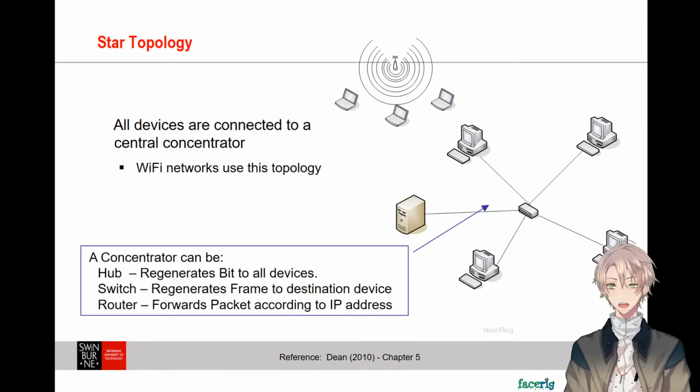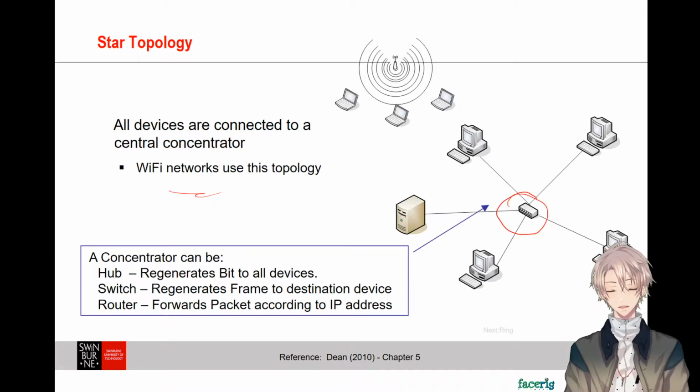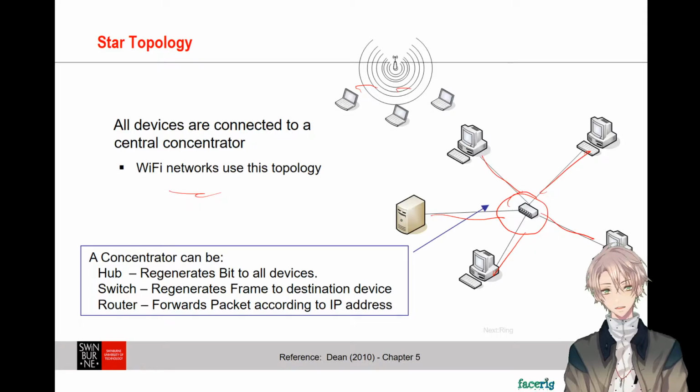Next, we have something called star topology. All devices are connected to a central concentrator. Wi-Fi networks, especially in your housing area, use this topology. As you can see over here, your router or your switch can be connected in the middle with your devices connected to it, like this as well, wireless connection.